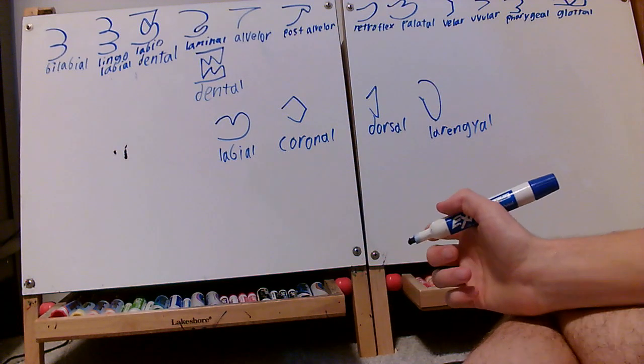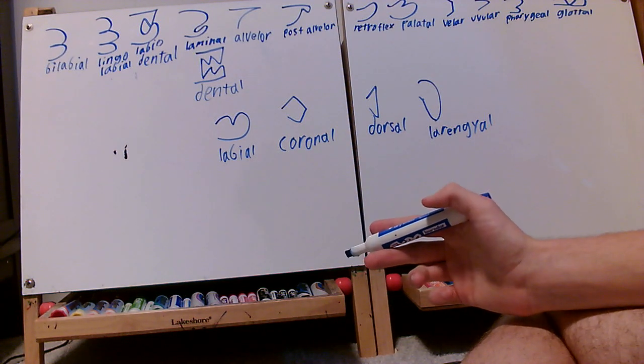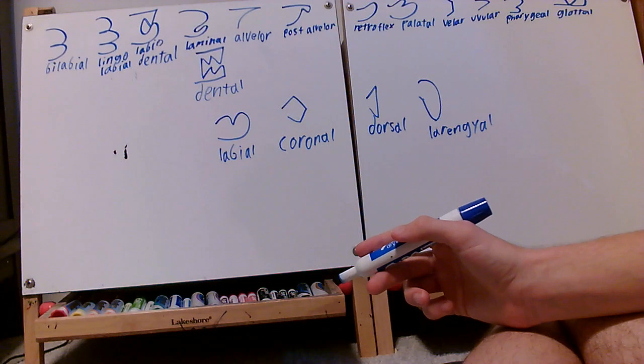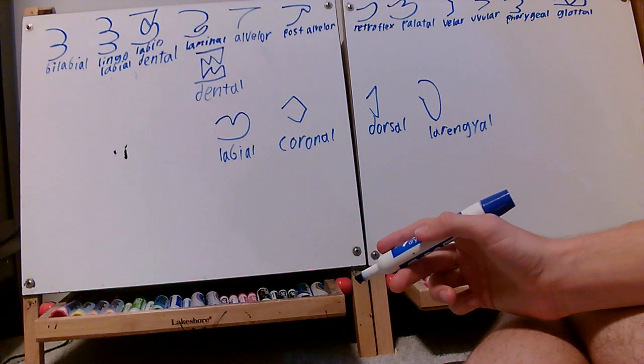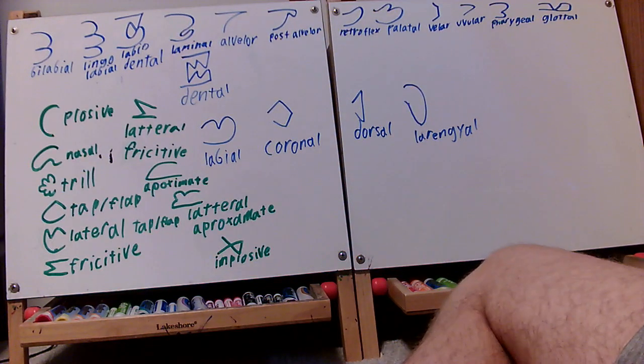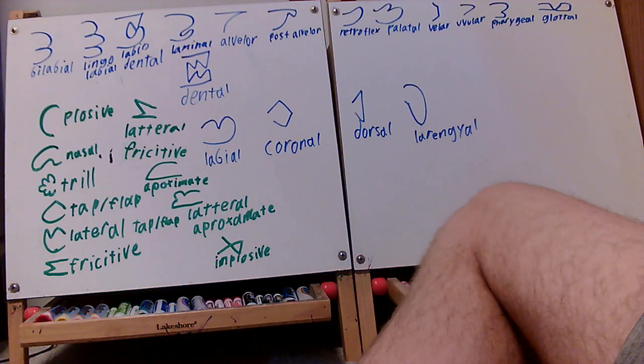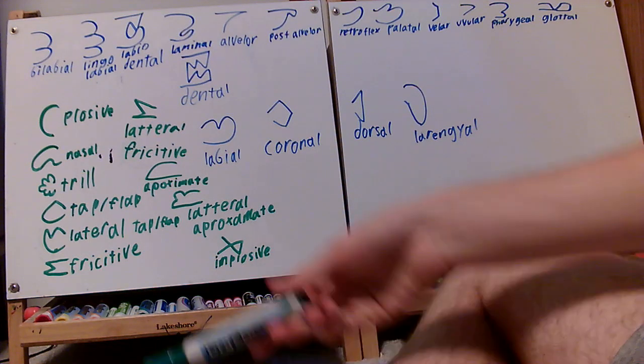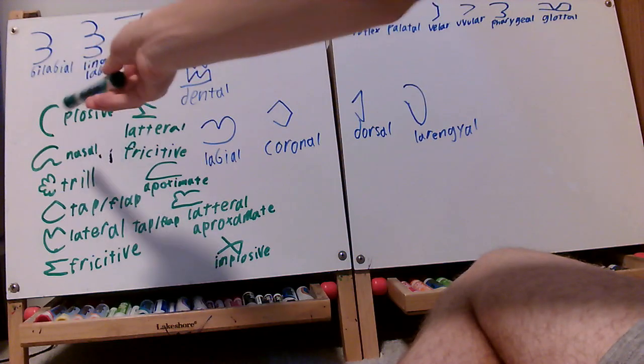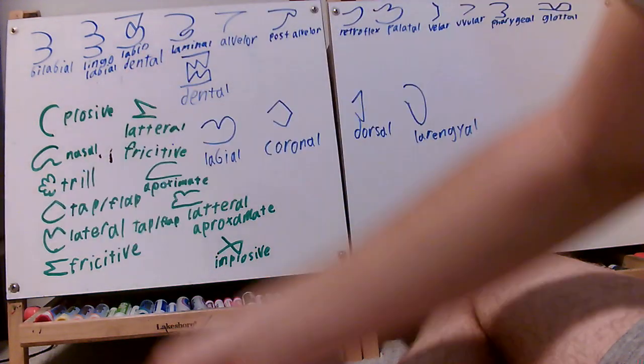So yeah, that's all of the places of articulation for consonants. Now I will show the manners of articulation. In green, I have put all of the manners of articulation. So, a plosive, simple little curve. Nasal, kind of looks like a nose.